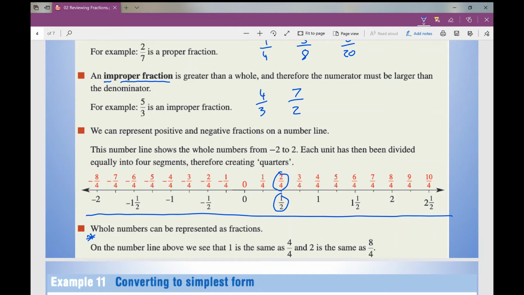We can also represent a whole number as a fraction, and we can see it here on our number line. 4 over 4 is the same as 1, or if we're counting up quarters, we have 1/4, 2/4, 3/4, 4/4. 4/4 is the same as 1. And then if we keep going, counting up to 8/4, 8 over 4 is actually the same as 2.